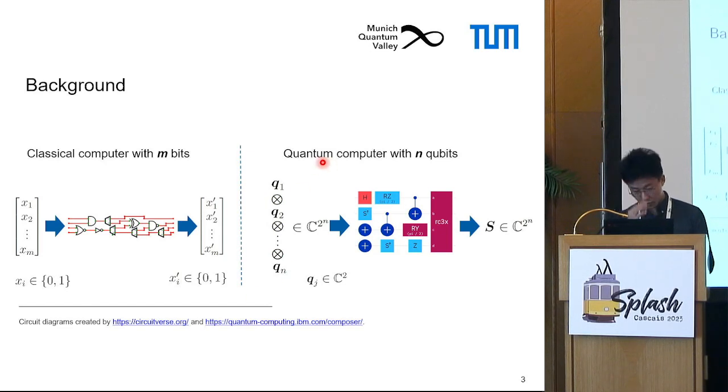As you recall from the definition of the Kronecker product, you will eventually get a vector of length 2 to the power of n. Then we have a quantum circuit, which is also a low-level representation of a quantum algorithm. This circuit acts upon the initial state, and we get an output state, which is again a vector of length 2 to the power of n.